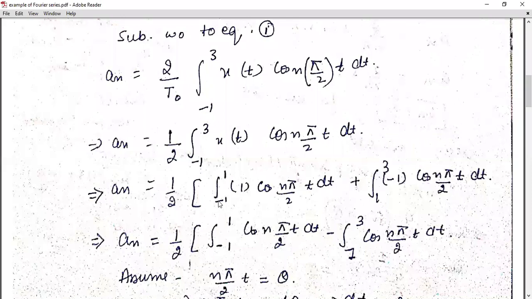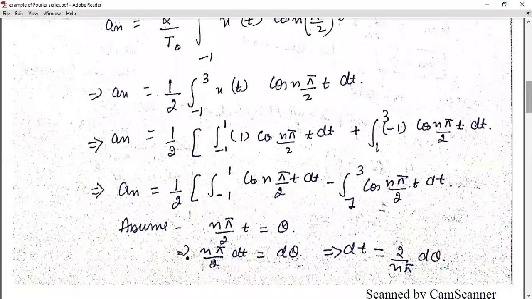The first range is -1 to 1, where x of t is 1, so cos of n pi by 2 t dt. Similarly, from 1 to 3, -1 times cos of n pi by 2 t dt. Remember this 1 and -1 is the amplitude. So a of n is equal to 1 by 2. Now let us solve it. We can write it like this and bring the minus outside.